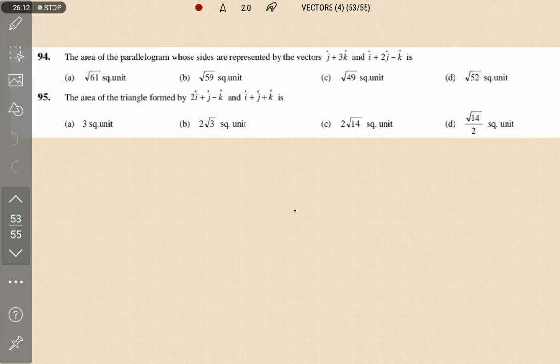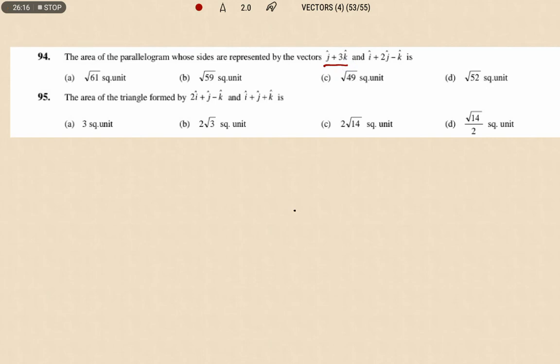The area of a parallelogram whose sides are represented by the vectors i plus 3j and i plus 2j minus k, and they are asking about the triangle also. So given two vectors, I will give the formula, you can do this.